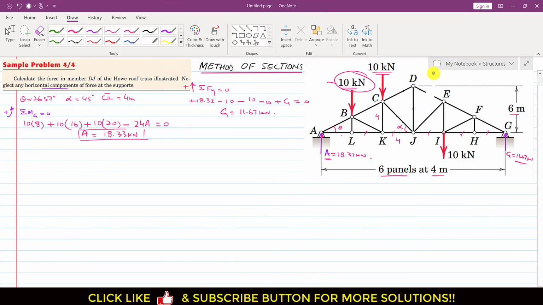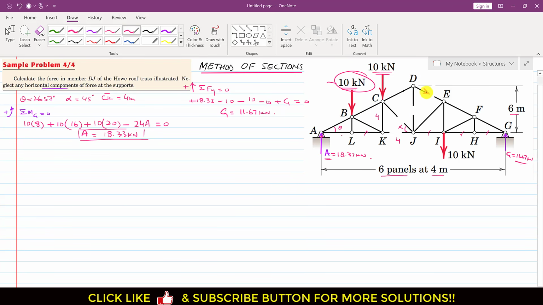Let's say that we pass a cutting section like this, right, and we consider this left hand side of this truss, right? So now as we can see, this will be the DE member force. Let's say that we assume all the member forces are tension forces, right?